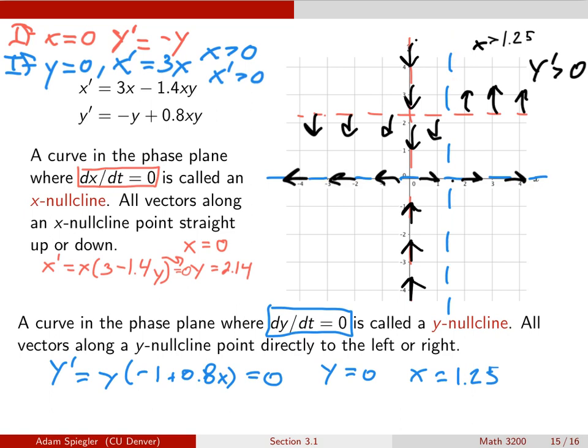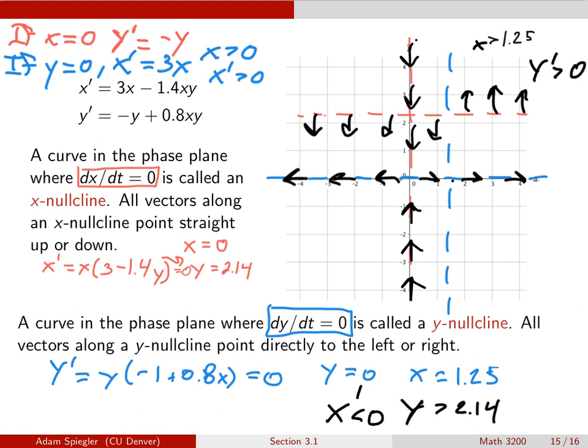And if we were to look finally at the nullcline when x is equal to 1.25 along this vertical line, what you could verify is that if we set x equals 1.25, then when y is bigger than 2.14, x prime is actually going to be negative.